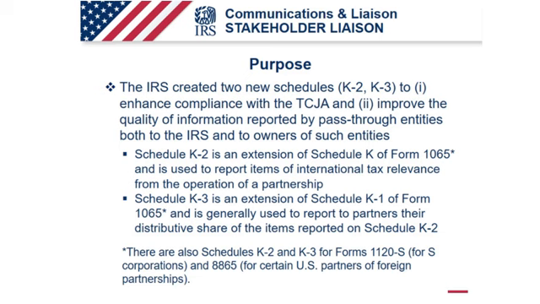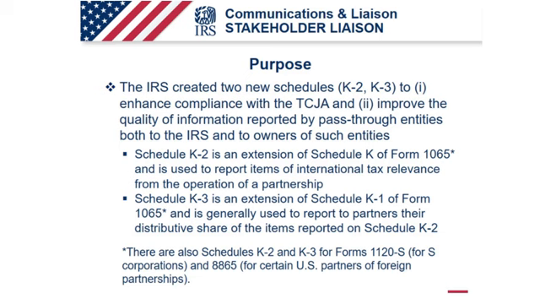The new Schedules K-2 and K-3 provide greater certainty and consistency, helping partners and shareholders to voluntarily comply with their filing and reporting obligations. The Schedule K-3 is essentially a mirror image of the K-2, but from the partner's distributive share perspective.